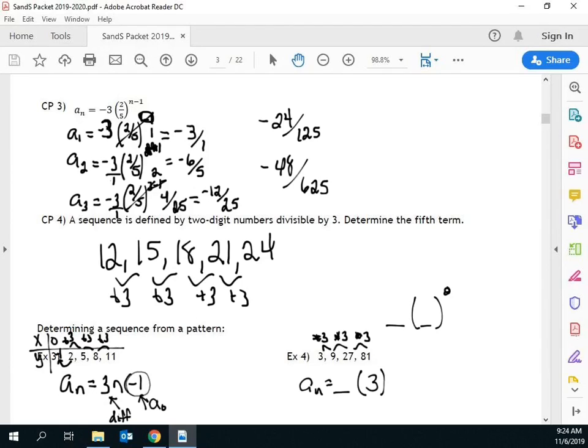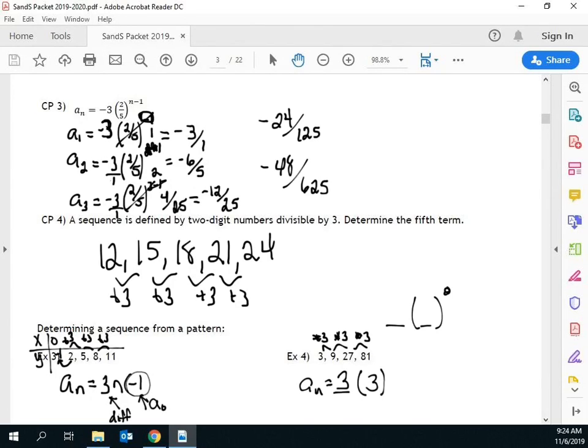So we've got to put a number in front. Well, what number did we start off with? So we start off with 3. We're multiplying by 3 every time. Do you agree? 3 is the first one. Times 3 is 9. Times 3 is 27. Times 3 is 81. We're starting with 3 and multiplying times 3 every time.